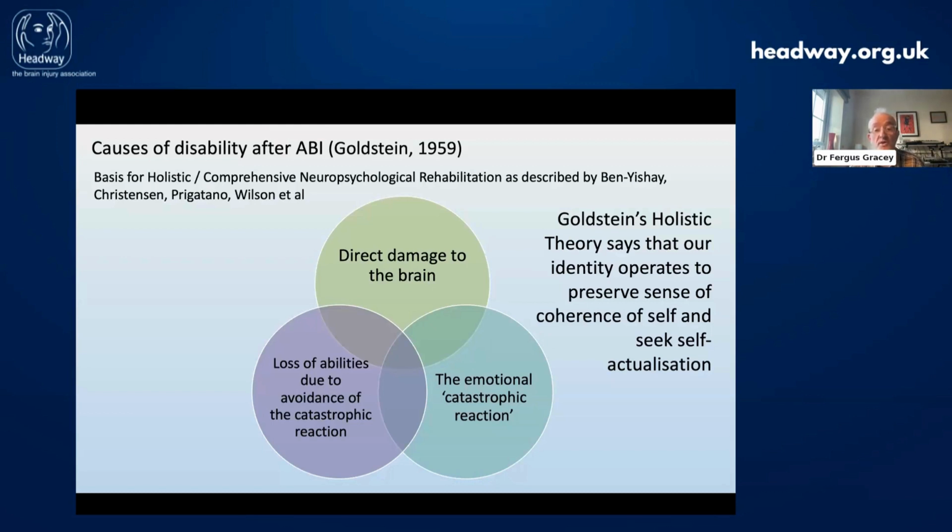And then the third thing, which I think is very insightful, is that because of that really awful catastrophic reaction, that threat to identity, people might well, and understandably, in order to preserve their sense of identity, avoid situations that trigger that catastrophic reaction, and in so doing might lose abilities, which is a key thing.